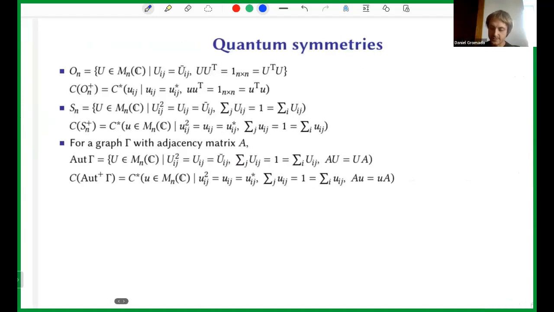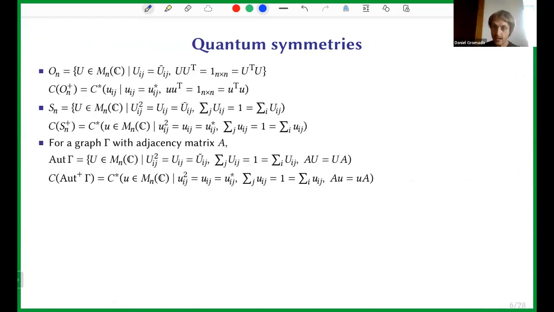You might also be interested in symmetries of graphs, which are just permutations that in addition preserve the adjacency. So they commute with the adjacency matrix. The permutation matrices commute with the adjacency matrix, which is the additional relation I have here. And now an important thing is that all the relations I wrote here are actually of the form that the matrix U commutes with something in some sense.